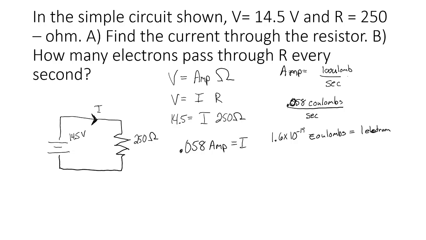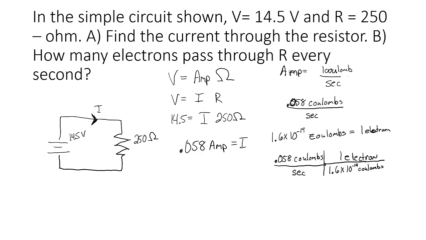Okay, so we can use that in some unit analysis to find the electrons per second. So we could take our 0.058 coulombs per second, and then we'll say 1.6 times 10 to the negative 19th coulombs is equivalent with 1 electron.